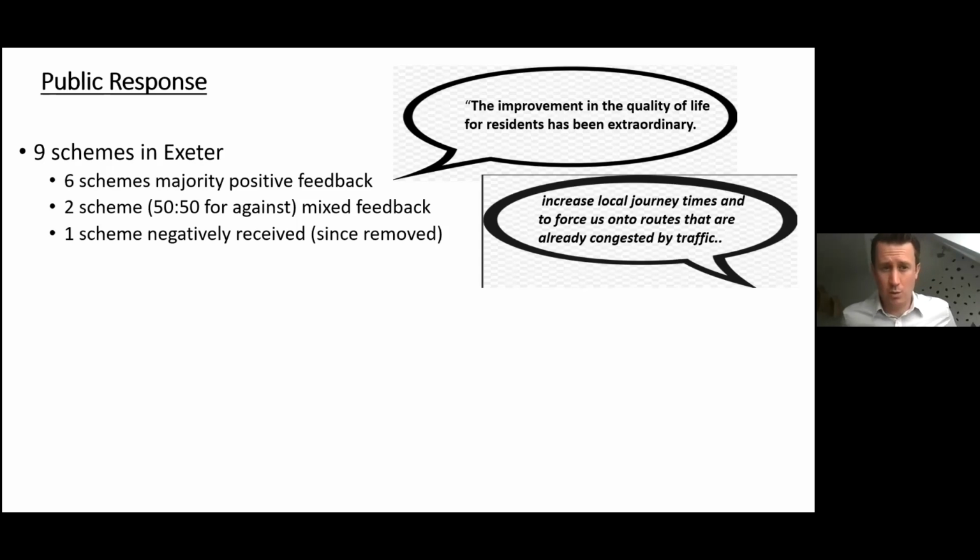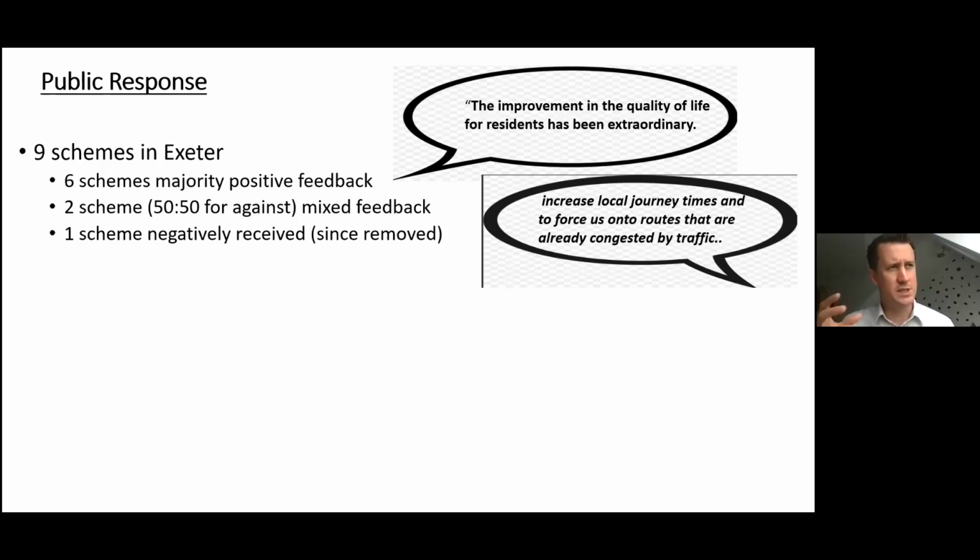We've had 2 of the 9 where we've had mixed feedback, so roughly 50-50, and 1 scheme which has been negatively received, and we removed it. And some of the comments coming up, I think it was raised by some of the members in the break, was that it increases local journey times and can force people onto routes that are already congested by traffic. So there is a balance between the impacts of any of these changes.